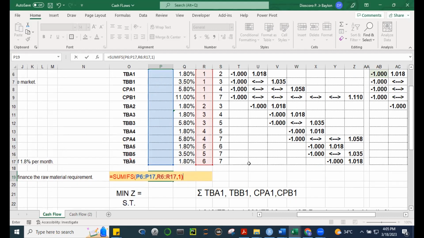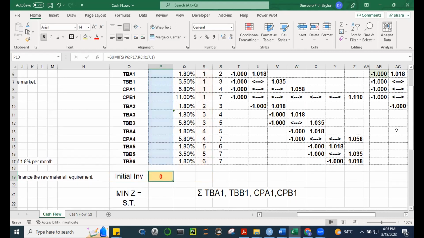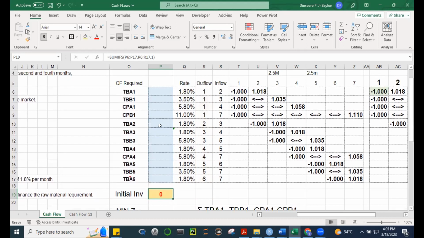Okay, take a look at that formula. Let's just test, no? If I put here 100, 100, and then 100. So it will just be 100 because it will only add those that are ones here. If I put something here 100, then it will not add because this is month 2.